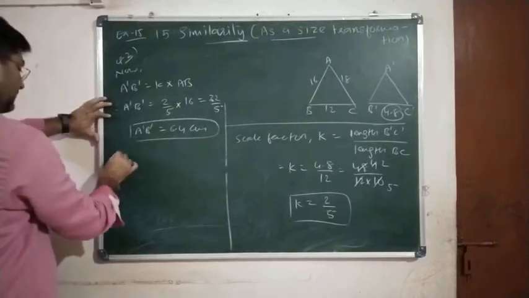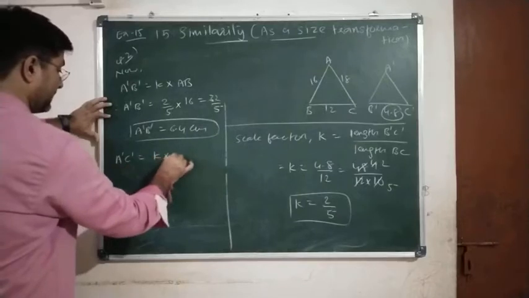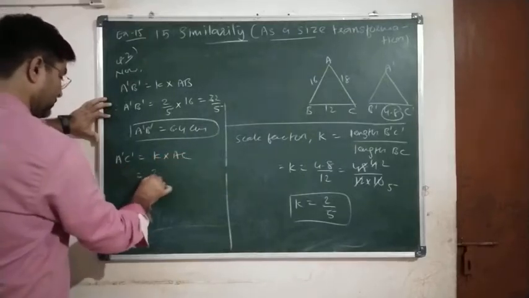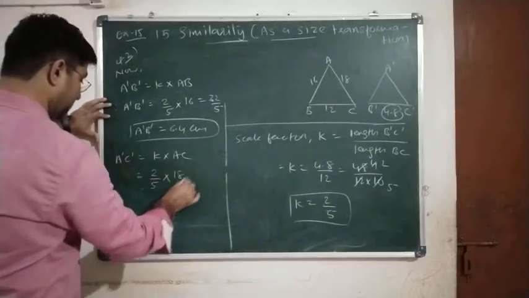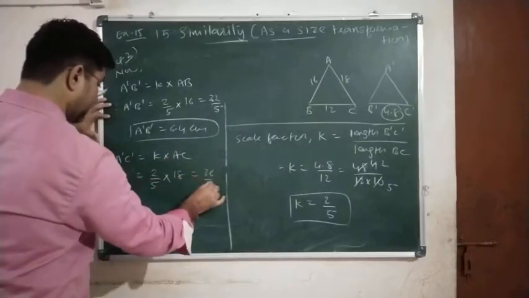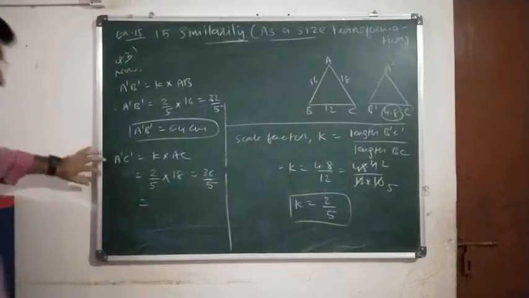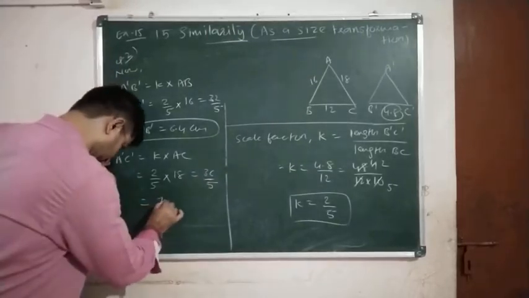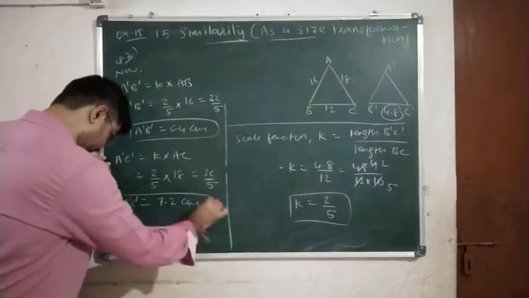Now A dash C dash is equal to K into AC. So 2 upon 5 into AC, which is 18, is 36 by 5, which is 7.2 centimeter.